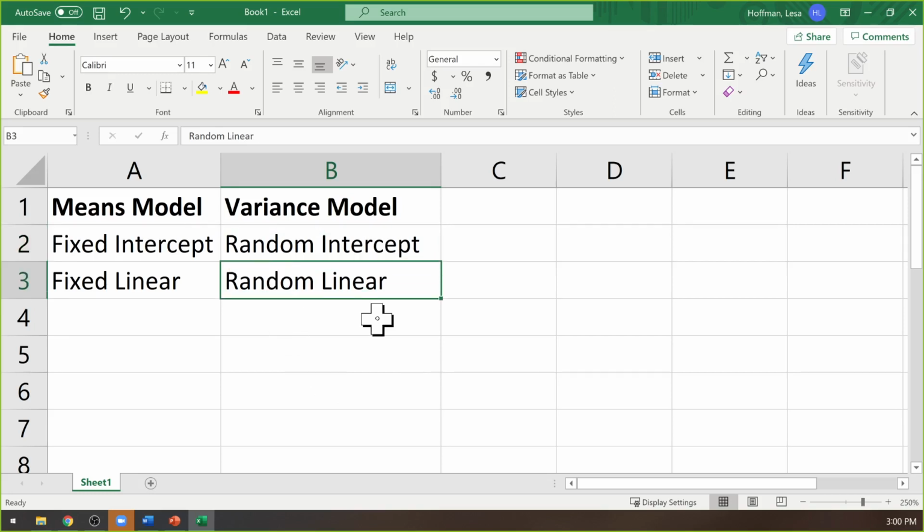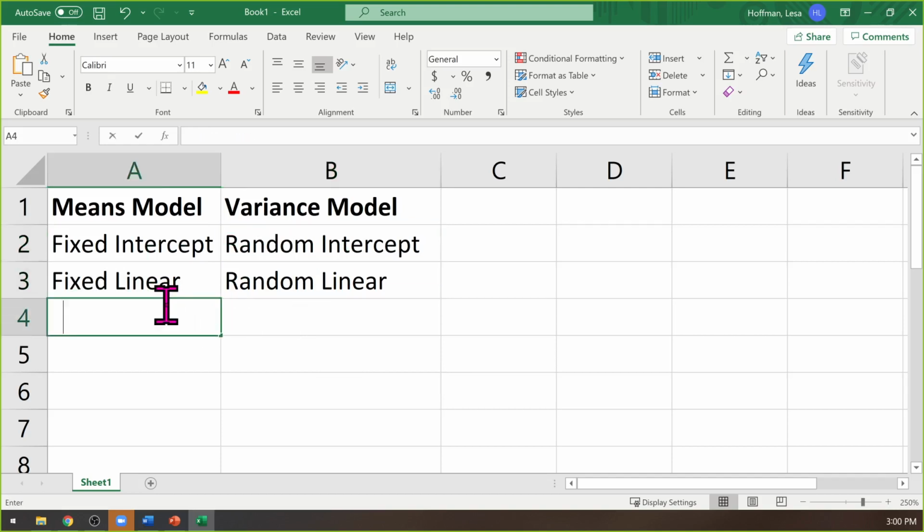So if I have random linear time, that automatically means I have to keep fixed linear time with it, because random linear time is adding the u that deviates from the fixed effect. So what it's deviating from, the fixed effect, has to stay in the model. So if I have this term right here, random linear, I call that a random linear time model, and it is implied that all 3 of these other terms are also included.